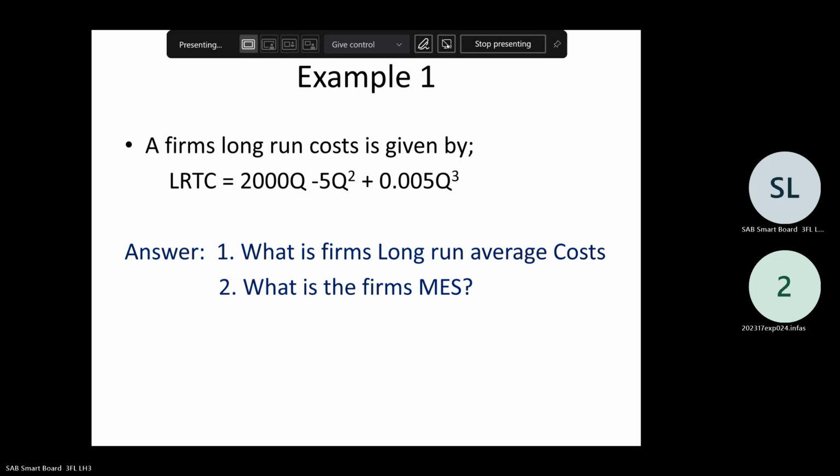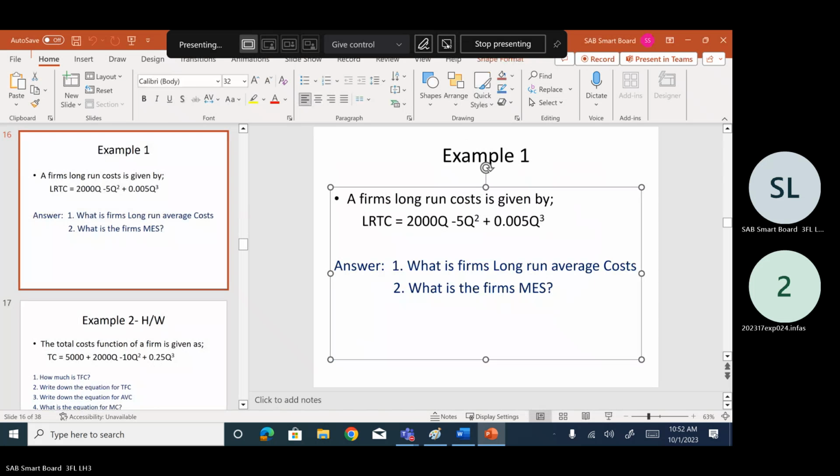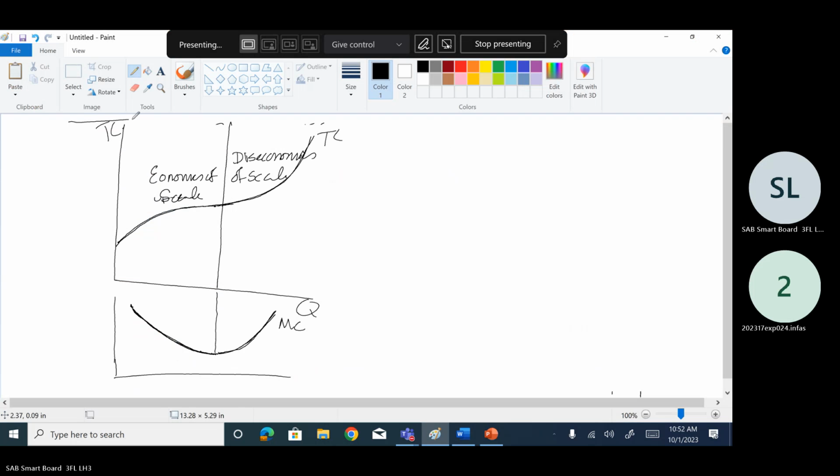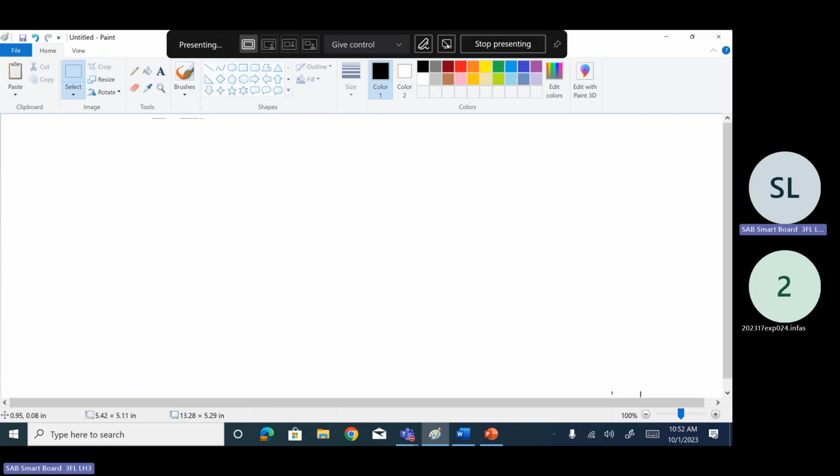We have been given the long run average cost equal to 2000 minus 5Q plus 0.005Q power 2.